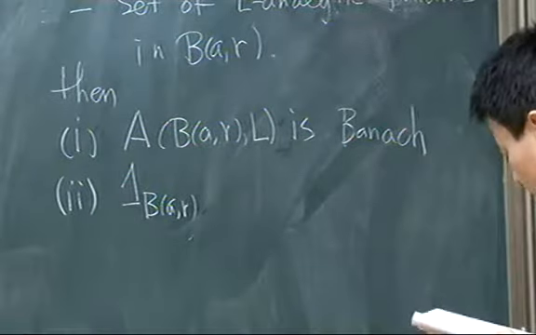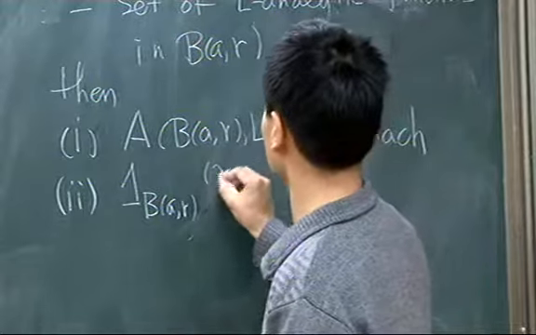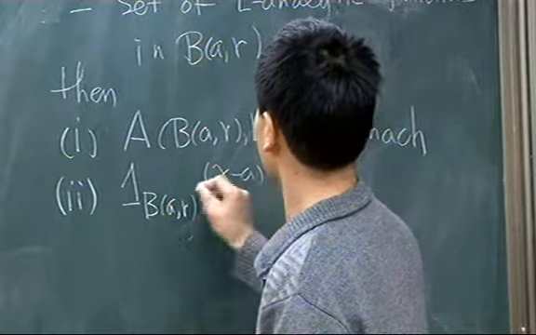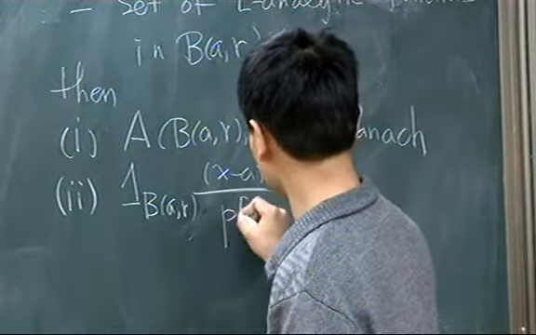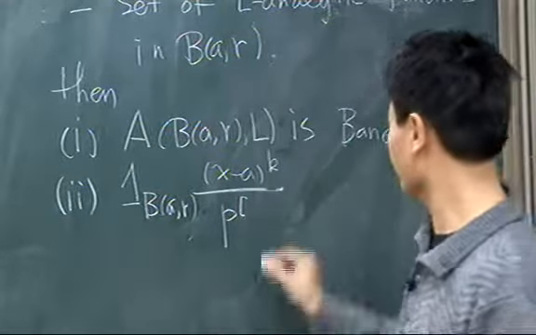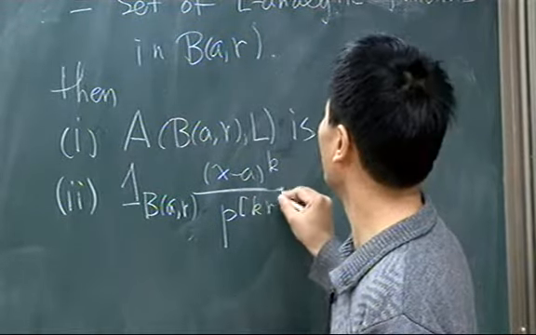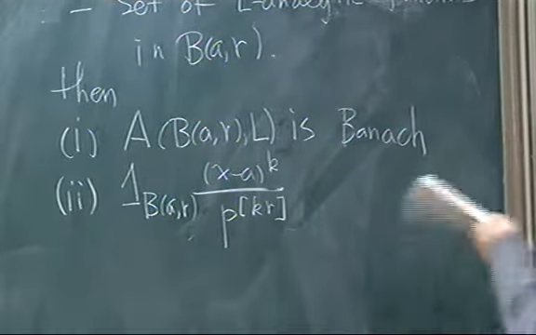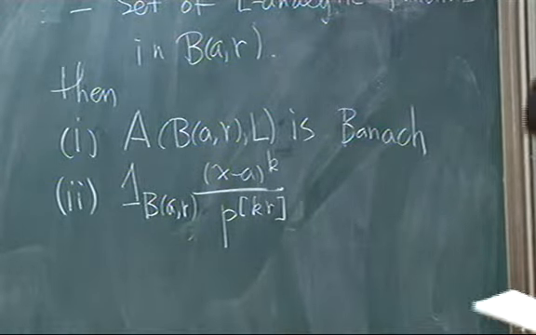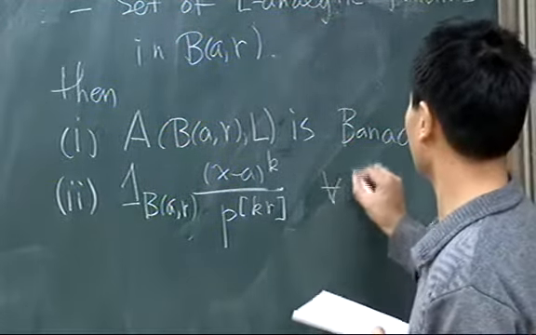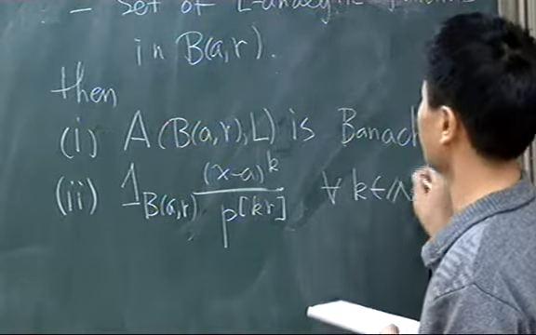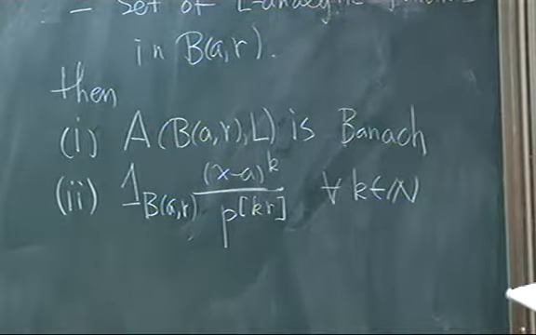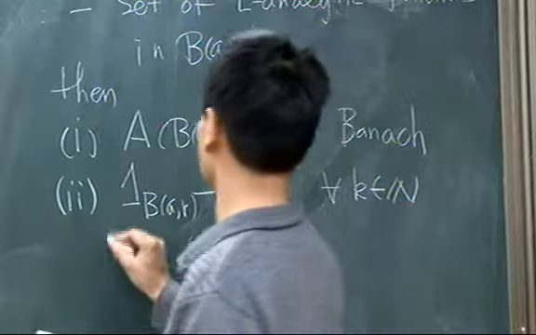So the basis is (x − a)^k over p to the Gauss integer of kr. You choose the Gauss integer of kr, and then for any k in N, you can check this is contained in there and is a Banach basis.